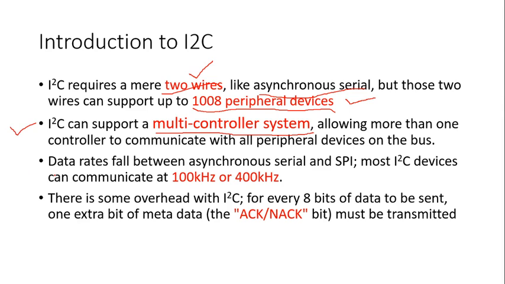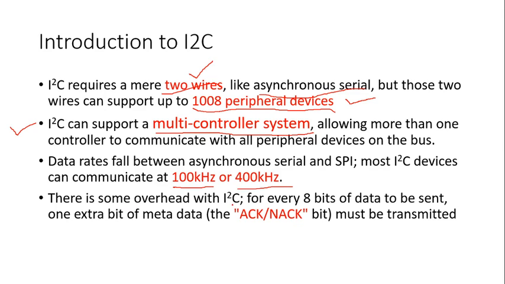Then the third one, data rate. Data rates fall between asynchronous serial and SPI. So it is having a data rate greater than UART but less than SPI. So the typical data rates which are supported by I2C protocol are 100 kHz to 400 kHz. Okay.